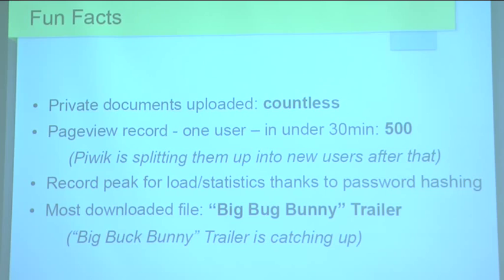We had a record peak once, and it was really funny because we had the ownCloud 5 release, I think, and I was quite happy with the release because we had triple or 4 times the page views in a matter of minutes, and I was like, oh, that's so awesome.